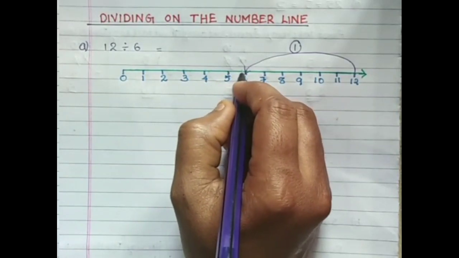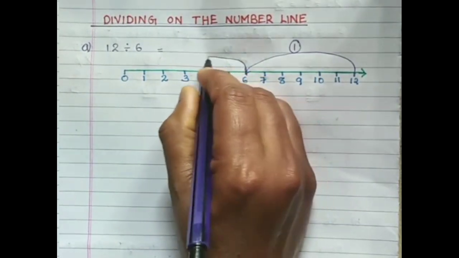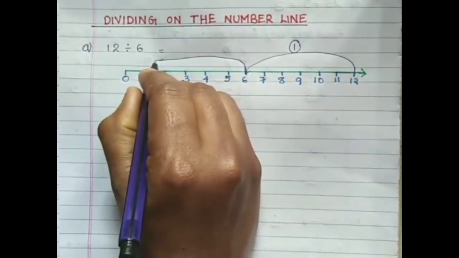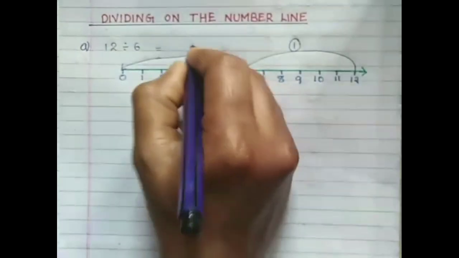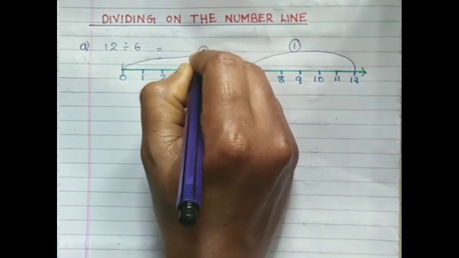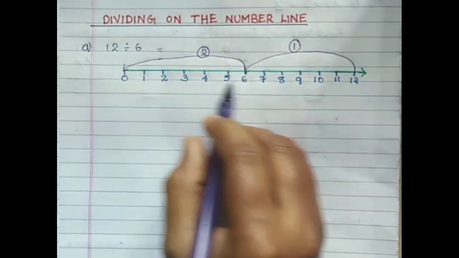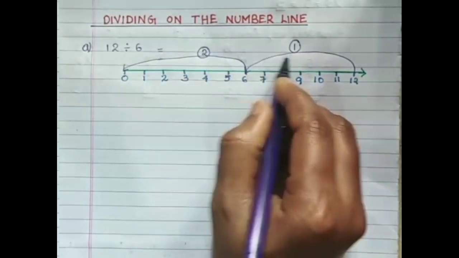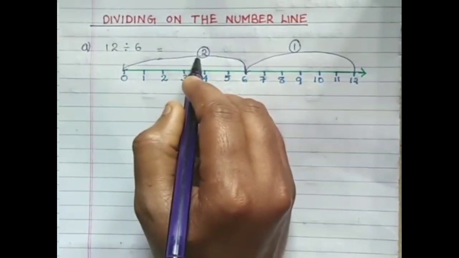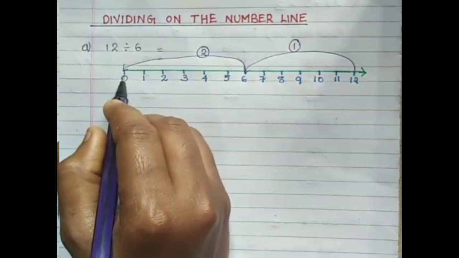Next we count backward 6 numbers and we have reached the number, yes, 0. So we have jumped our second step. So here the number of jumps equal to, yes, 1, 2. We have jumped 2 steps to reach the number 0.